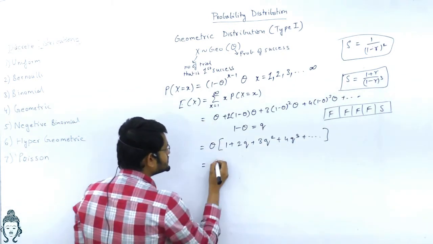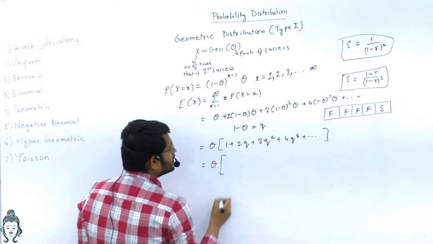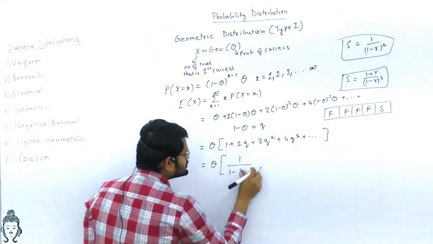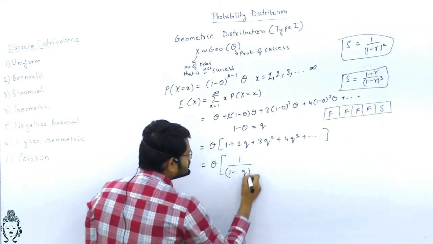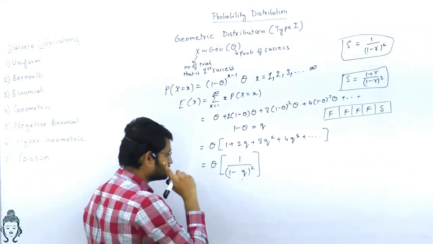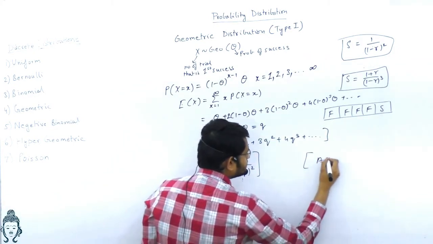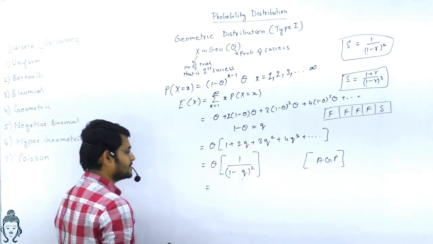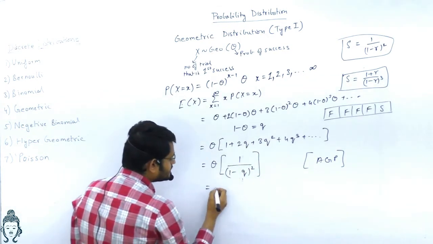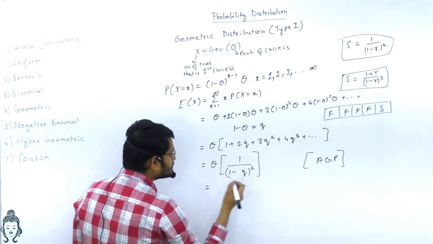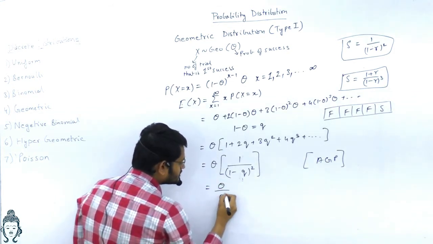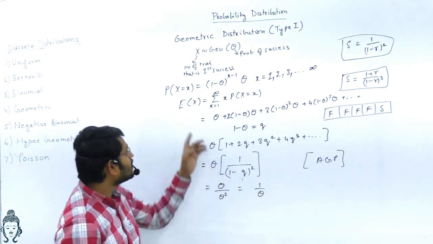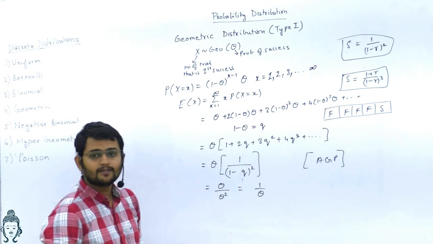We can directly use this, and I can write theta into 1 upon 1 minus q, the whole square. Q is nothing but 1 minus theta, so 1 minus q is just going to be theta, so I'll get theta upon theta square, or 1 by theta.